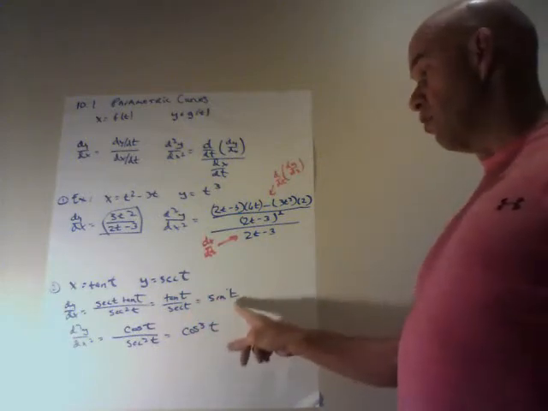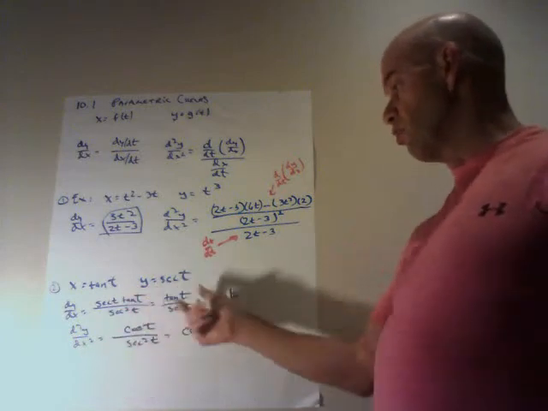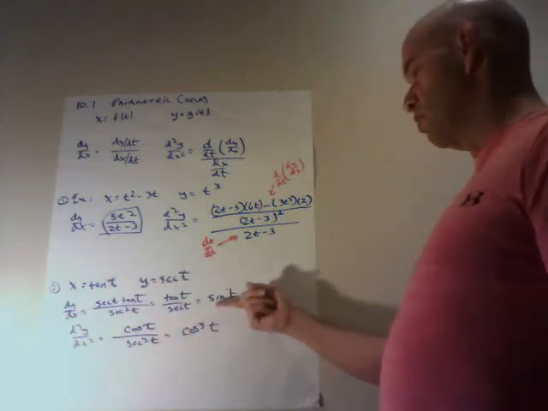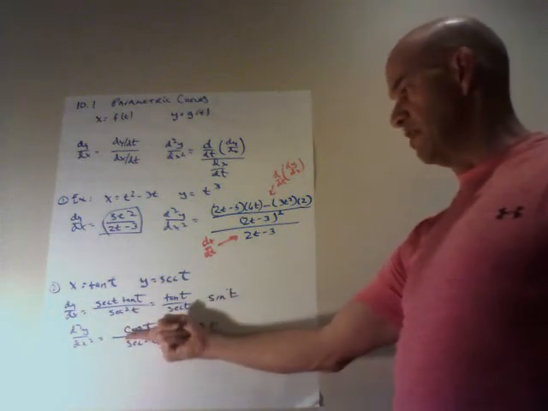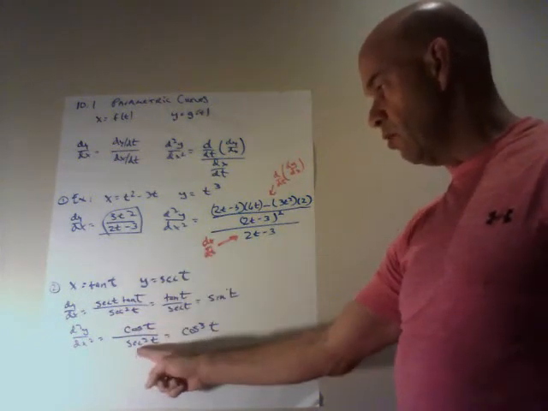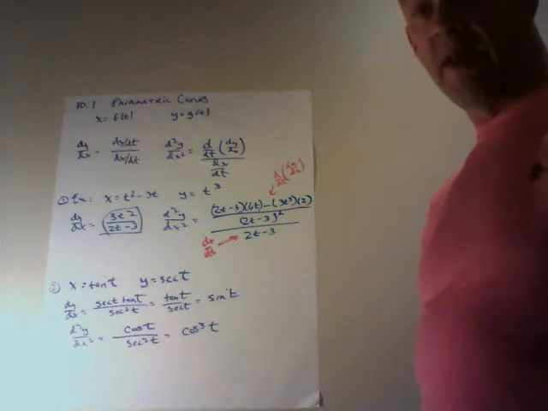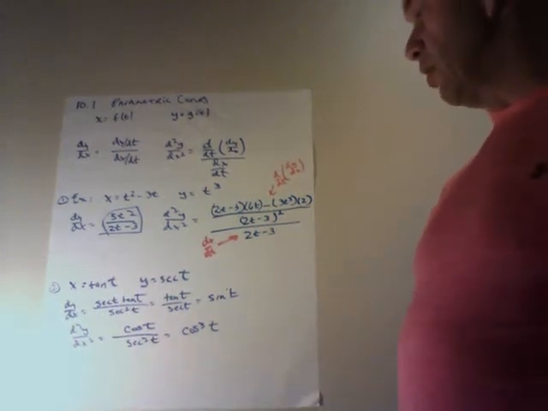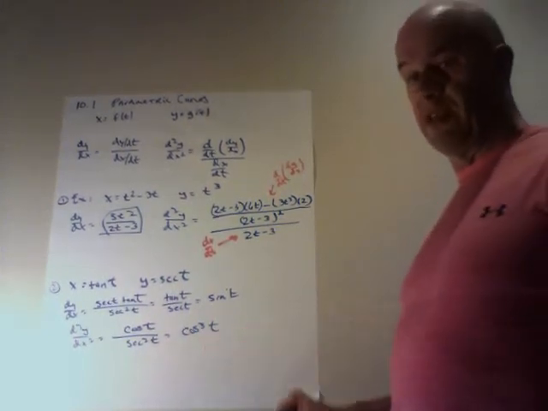To get the second derivative, I then take the derivative of dy/dx with respect to t, that's cosine t, and I divide it by dx/dt, which is secant squared t. So your second derivative is equal to cosine cubed of t.